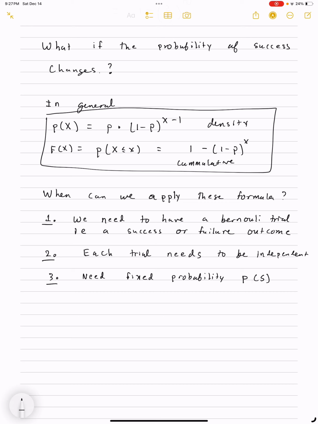Then the last thing is that our random variable x is the number of trials until the first success. Okay, and if we have all of these conditions, then we can use the density and the cumulative function whenever we please.